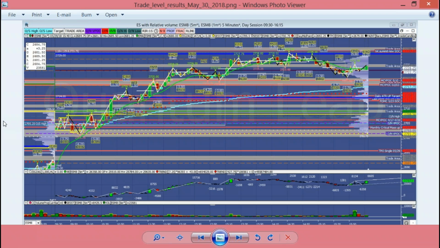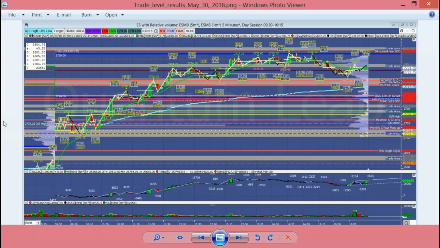Hypo 2 is an open auction in range, a push up to the overnight high, get a false breakout of the prior day and move down to the 9 or the 11 and a quarter area, and then selling down to 2700, 96, 26, 96, and then challenging that week low down at the 75 and the year open.